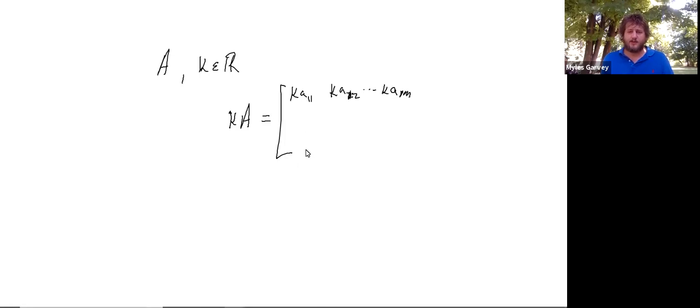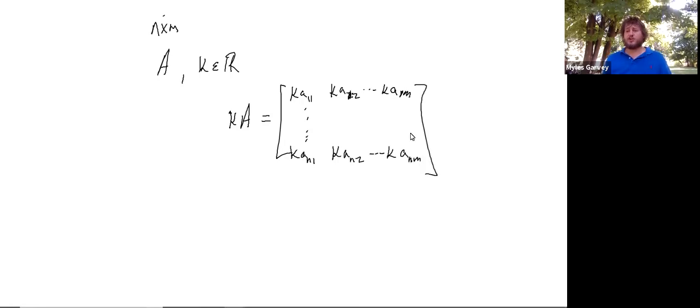Same deal down the rows: if A is N by M, K times AN1, K times AN2, and then K times ANM. Okay, so basically we just take the number and multiply it throughout the matrix. So that's how we define scalar multiplication.